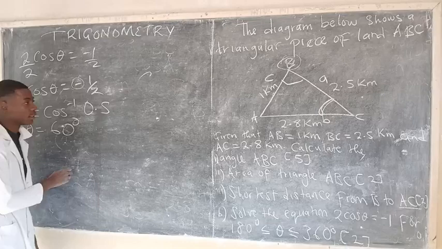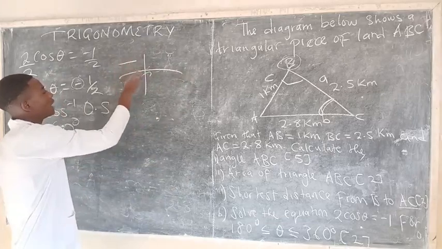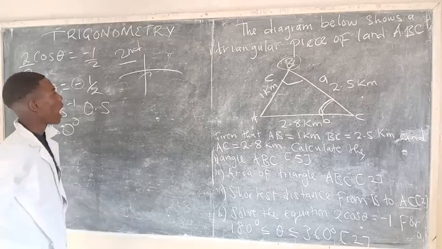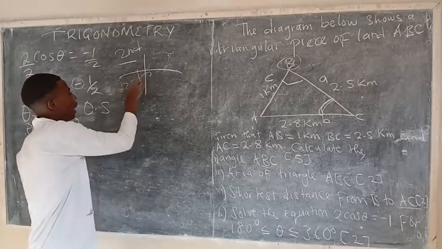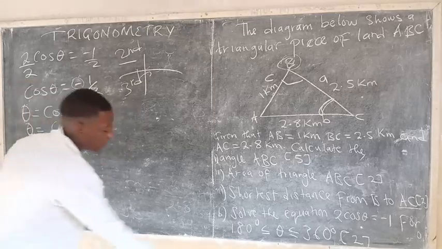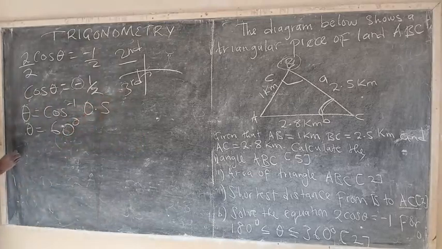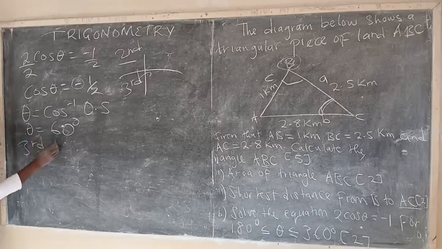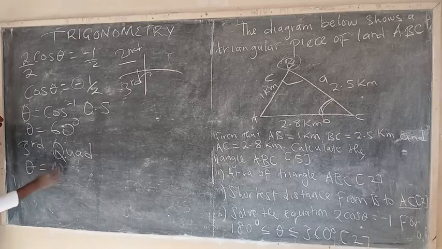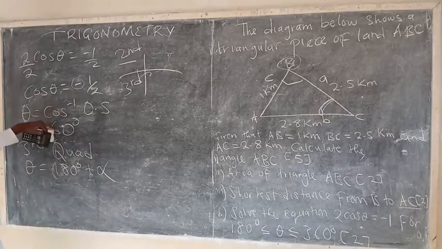where is cos negative. Among the 4 quadrants, you will identify that cos is negative in the second quadrant as well as the third quadrant. Now looking at the range, we are going to skip the second quadrant because it will be less than 180. Therefore, we are going to go to the third quadrant. According to the third quadrant, theta should always be equal to 180 degrees plus alpha, where this alpha is the first angle that you have found.